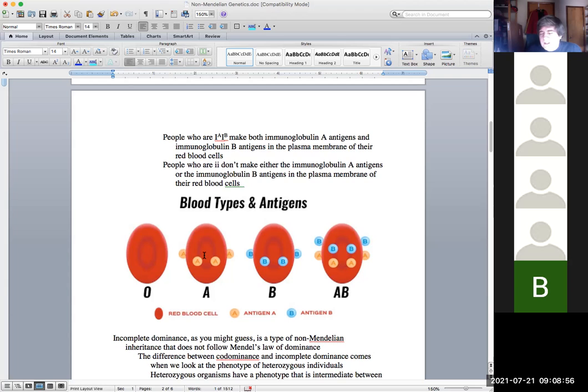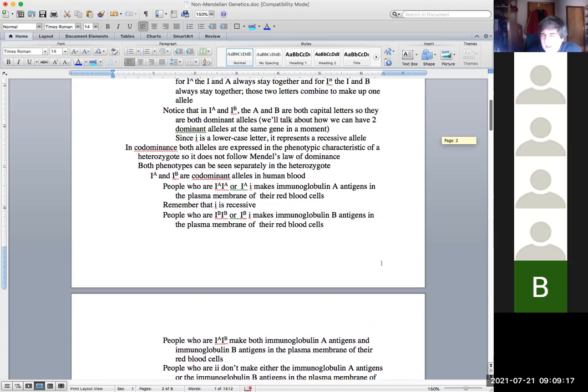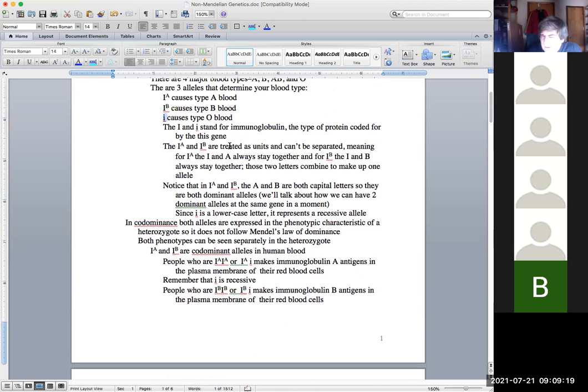So there are three different types of alleles here. So that violates Mendel's idea that there's one dominant factor and one recessive factor. Now, another way that this violates Mendel's original ideas is, notice that I big A is dominant over little i. For a person with type A blood, you could be I big A, I big A, or I big A, little i.